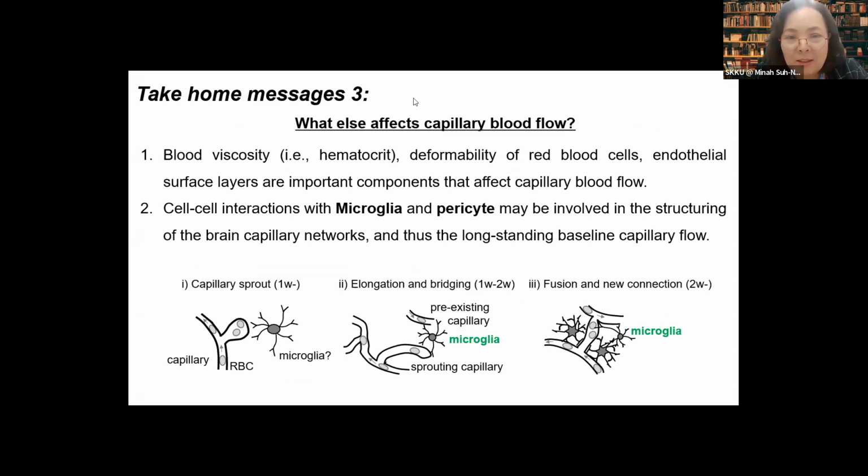We didn't measure the viscosity in the dehydrated blood, but within the image, you can count how many cells. If we dehydrate the blood, there is a relative increase in the blood cells. If you increase the blood cells, that means the hematocrit increases and also the viscosity increases. So basically the capillary resistance is high in the dehydration condition.